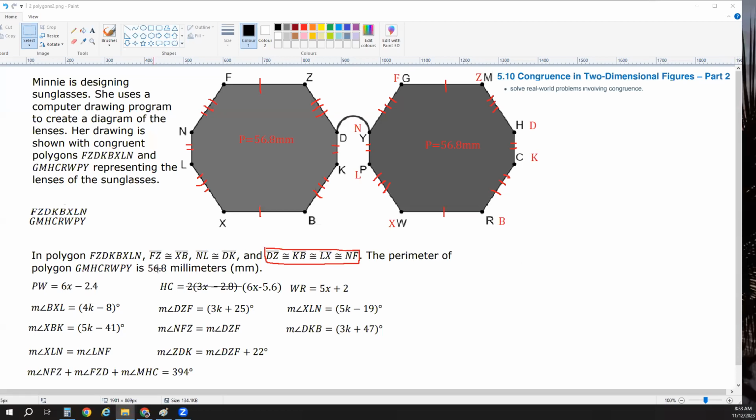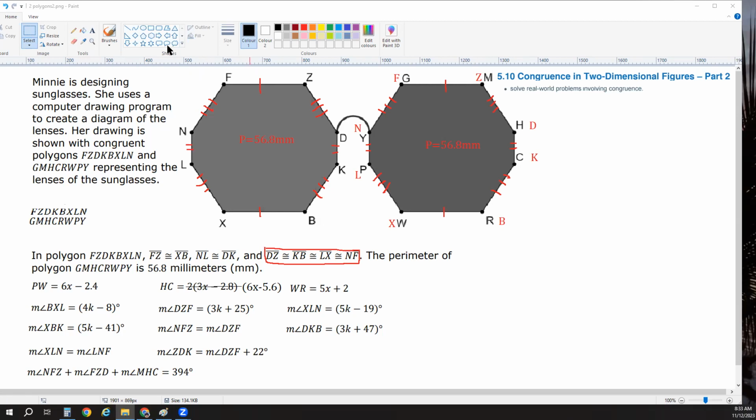Yeah, okay, so we're going to start populating this polygon with everything that we know based upon what's given. And we'll start with the line segments. There are not very many of those. All right, so we have PW. PW is right here, and it's 6x minus 2.4.